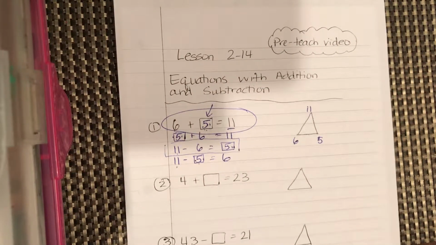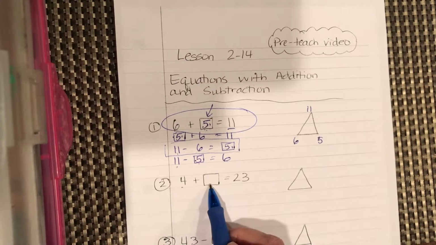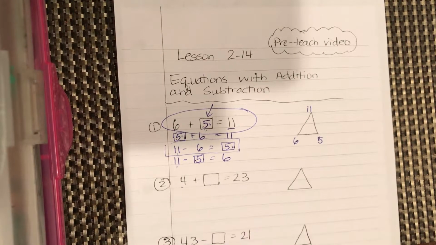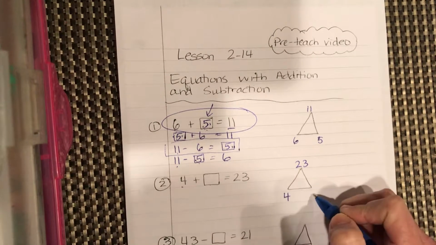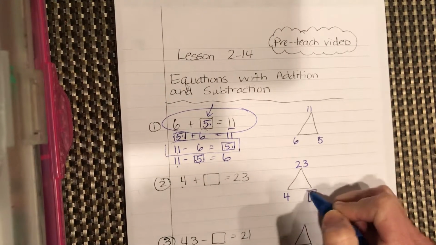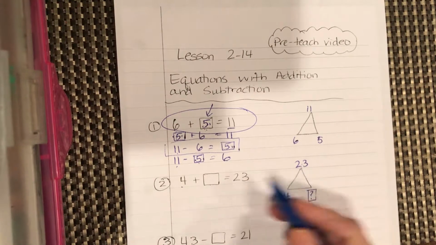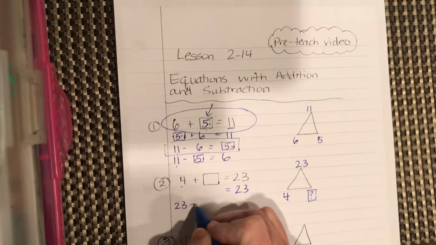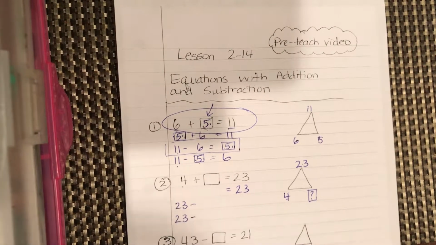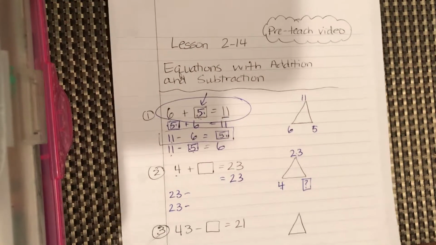So here we have 4 plus what equals 23. Okay, fact family, biggest number goes on the top, 4 is over here, and we have our question mark, 4 plus what equals 23? Okay, 23 goes at the end, and it goes at the beginning of our subtraction. So you fill this out.